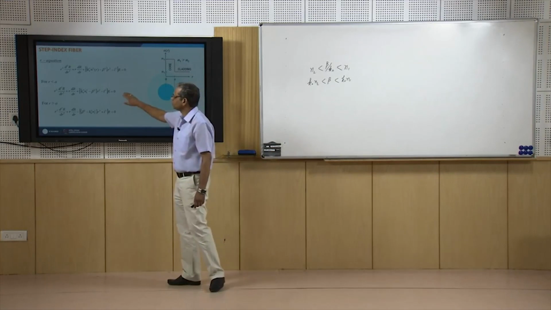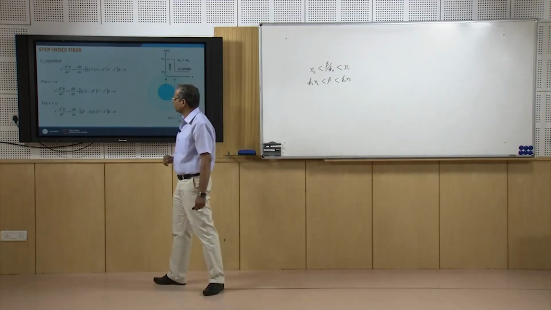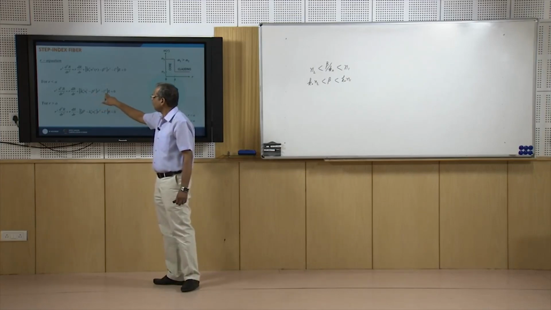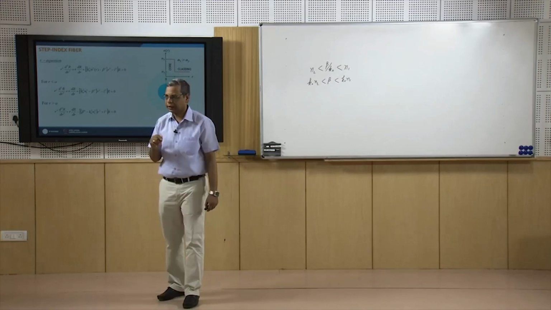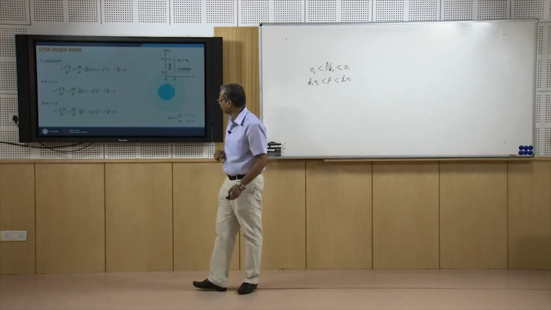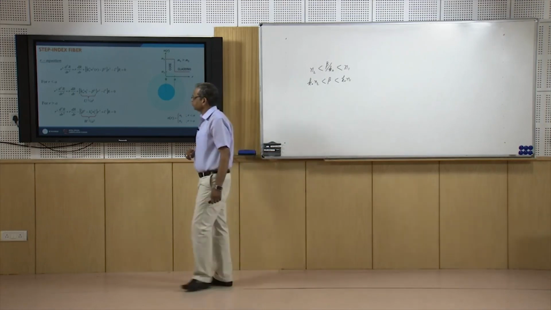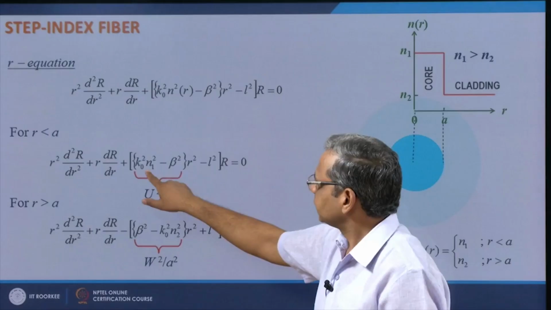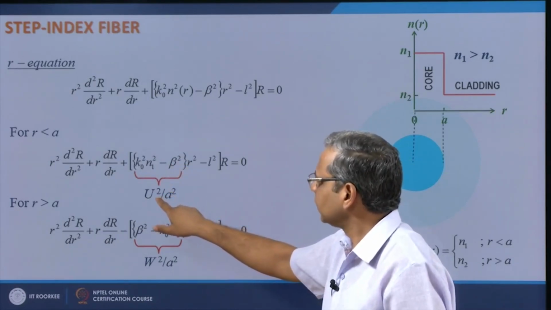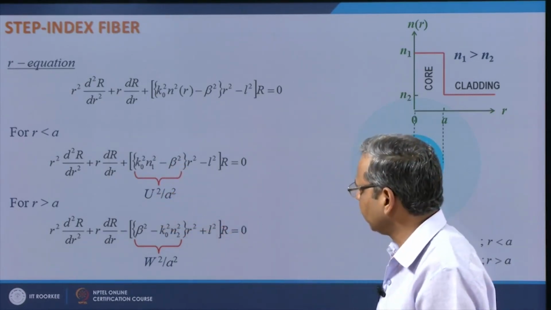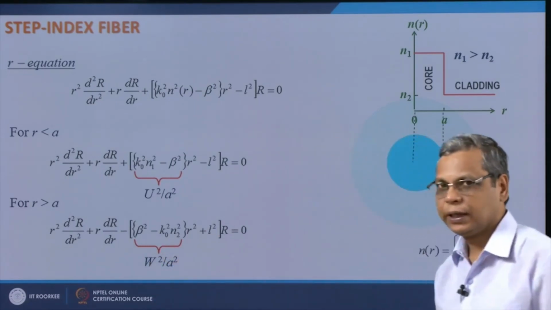So now I have these two equations which I have to solve to find the values of beta for any given value of L. L can be 0, 1, 2, 3 and so on. Okay, so let me define this k naught square n1 square minus beta square as some u square over a square, and this as some w square over a square.